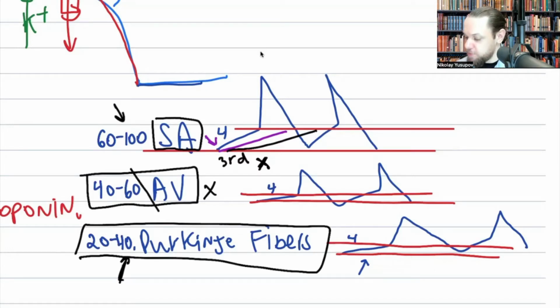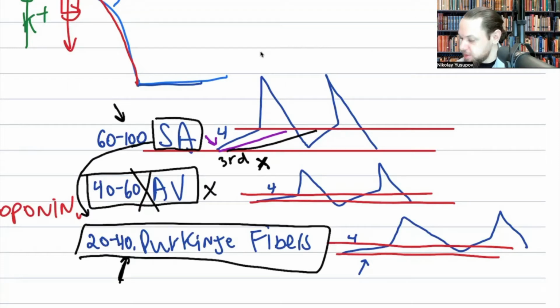Because there's a cutoff of the AV node, there's no overdrive suppression from the SA. So the SA fires, the AV is not functional, so the Purkinje is the next one to fire. In third-degree heart block, the atria may be beating at a rate of 70, and the ventricles at a rate of 20 or 30. And that's usually how this occurs.